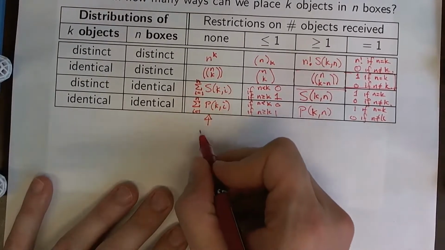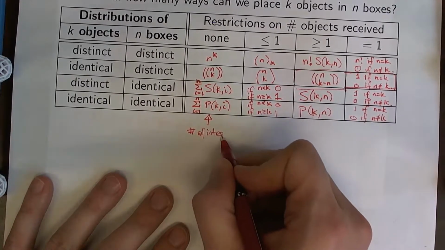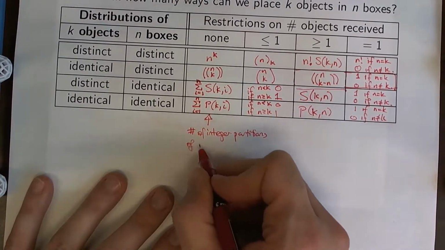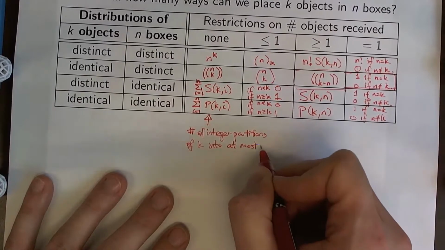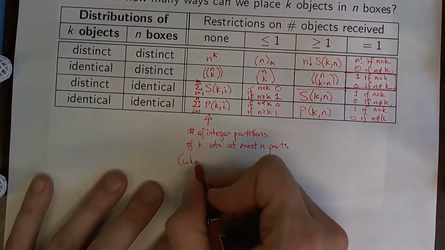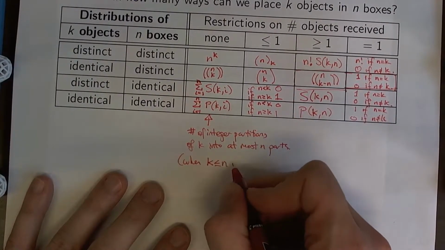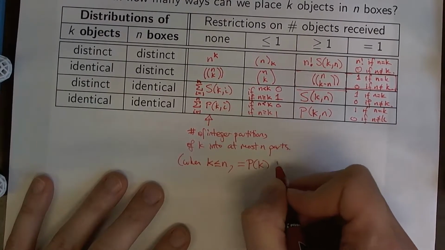All right, and this here is the number of integer partitions of k into at most n parts. So when k is less than or equal to n, this is equal to p of k.